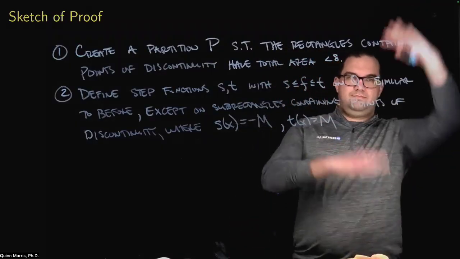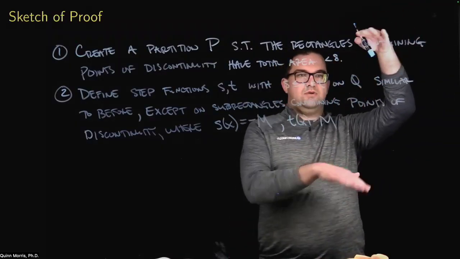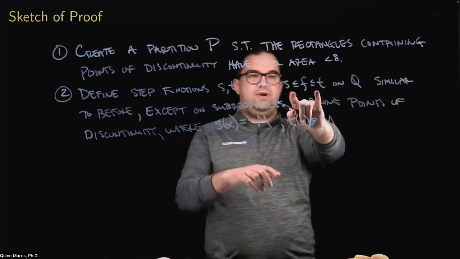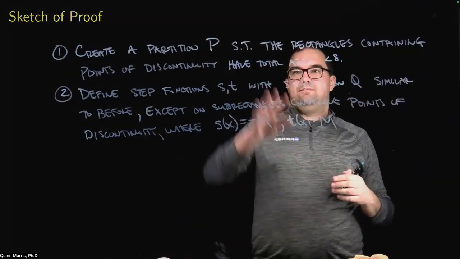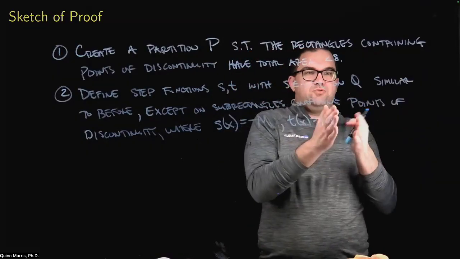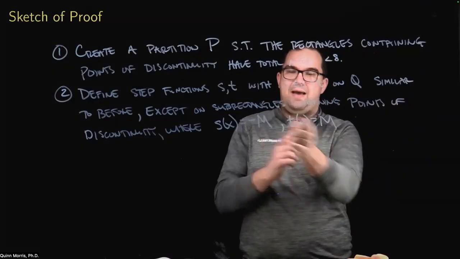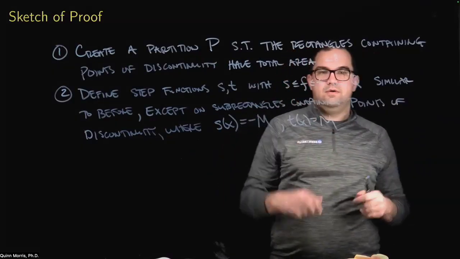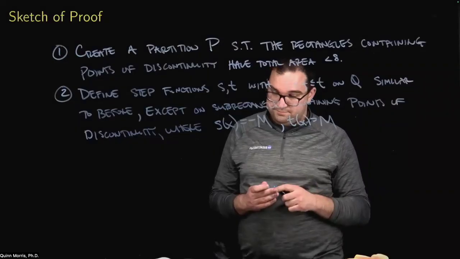Basically, just create these things so that they make sure your inequality here is satisfied. And on all these rectangles, the actual area of the rectangles is small, so it's not even going to matter what the values are here, as long as they're finite.